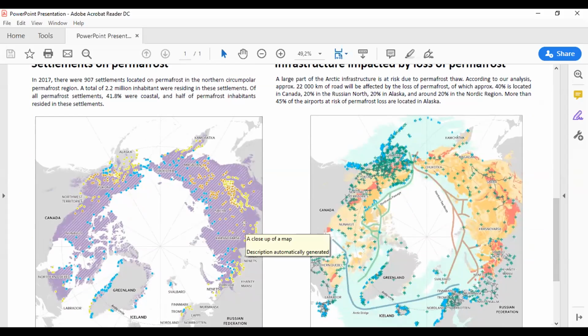So our model is maybe underestimating the amount of people that will be impacted by permafrost in a few decades.